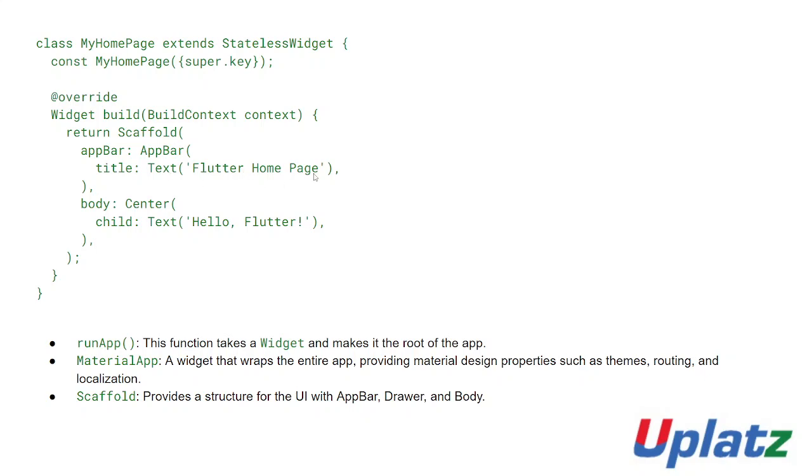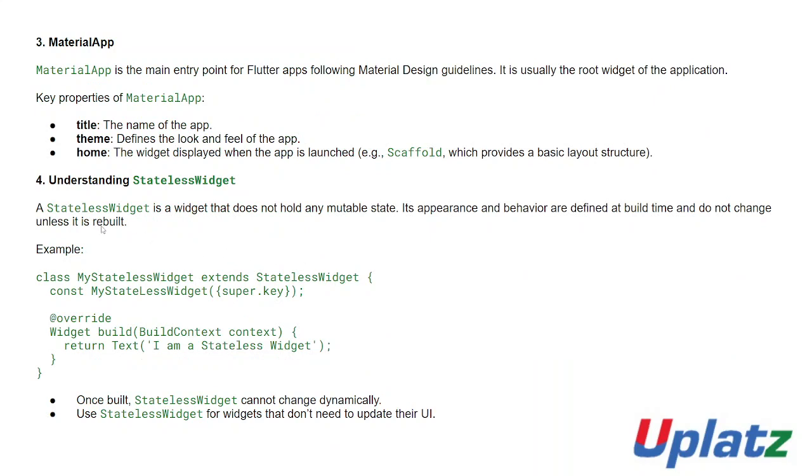You have to rebuild it. So a stateless widget is a widget that does not hold any mutable state. Its appearance and behavior are defined at build time and do not change unless it is rebuilt.